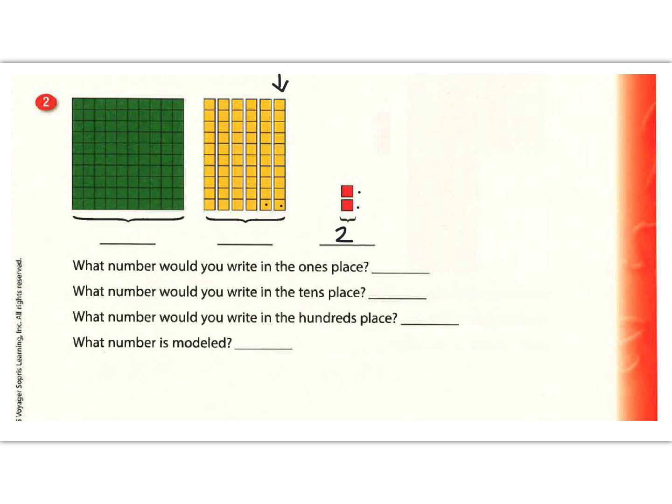So there's 1, 2, 3, 4, 5, 6 tens, which represents 60. And then how many hundreds are there? Well, there's just 100. So the ones place is a 2, the tens place is a 6, and the hundreds place is a 1. So the number is 162.